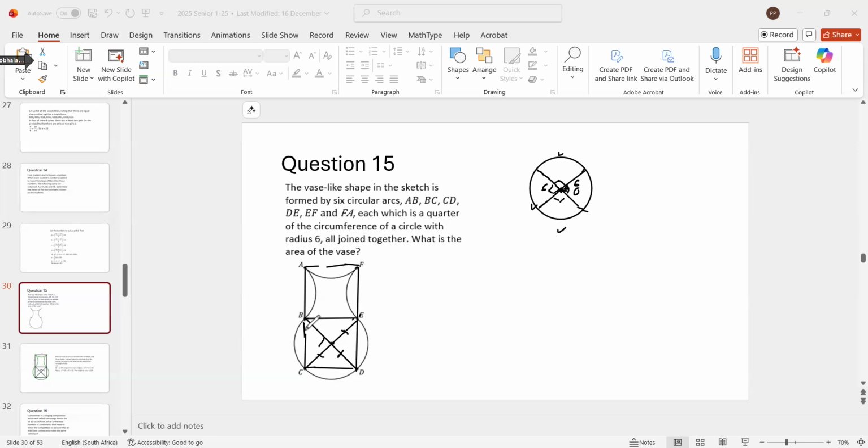Now, I'm going to show you something. You see, there are two pieces which are outside these squares. Now, suppose I cut these outside ones and place it inside here.